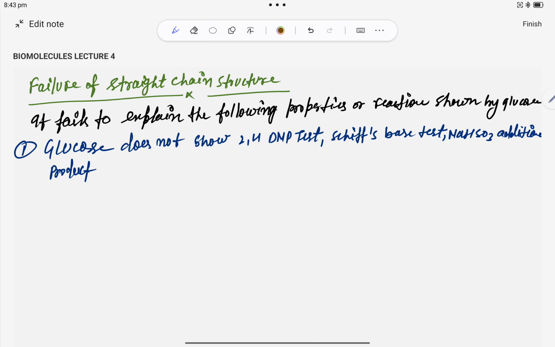See what is written here: 2,4 DNP test, Schiff's base test, NaHSO3 addition product.